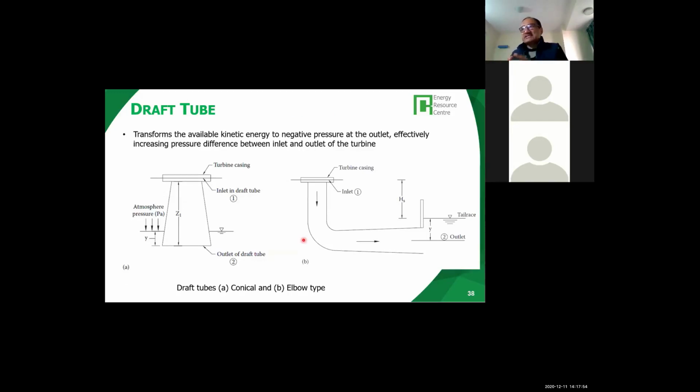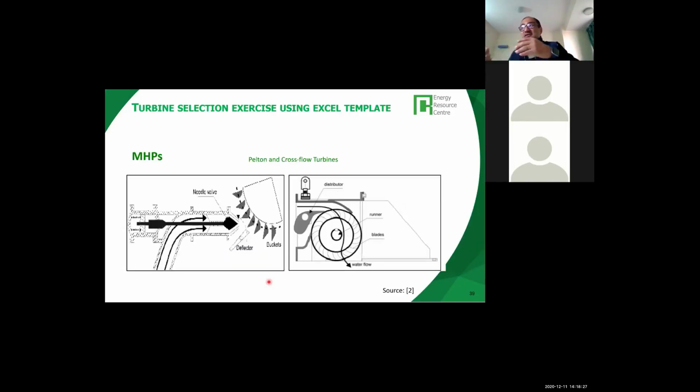Another thing is that for reaction turbines, we need what is known as the draft tube, because reaction turbines have negative pressure at the outlet, so we use draft tubes so that we can use the full head of the power plant. So this is a draft tube, and the design of the draft tube is also a factor, but these are available in textbooks and other material.